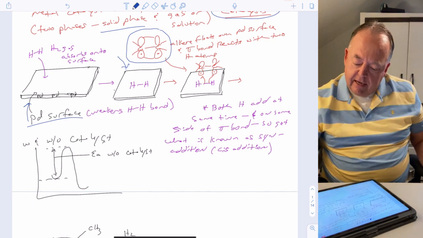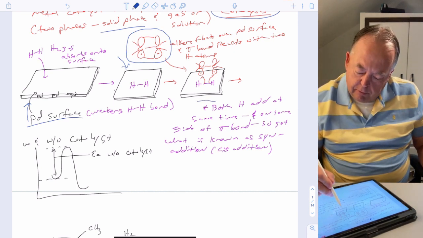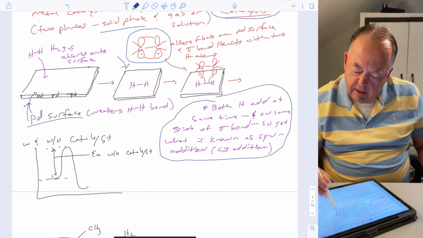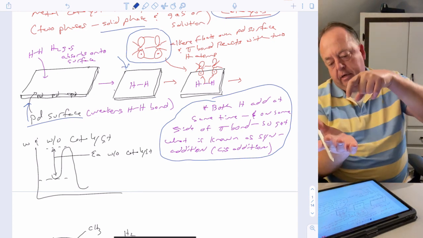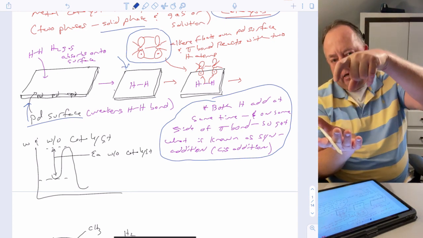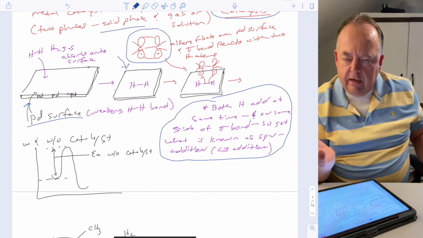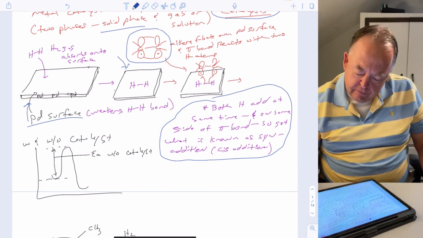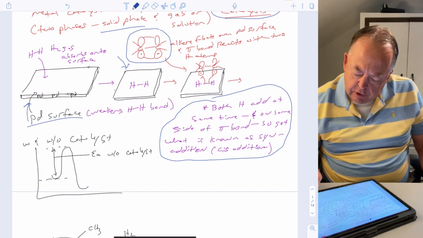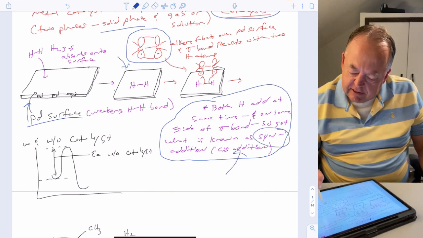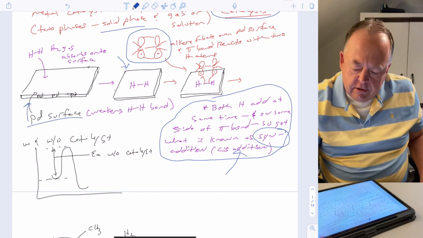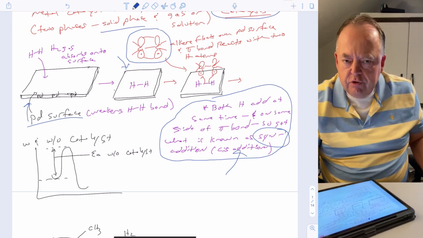Since both hydrogens are adding at the same time, and the alkene is just coming across the surface and picking up those two hydrogens, the two hydrogens are going to add to the same face of the alkene. So you're going to do what's known as a syn addition, where the two hydrogens are adding to the same side, so they're adding cis with respect to each other.